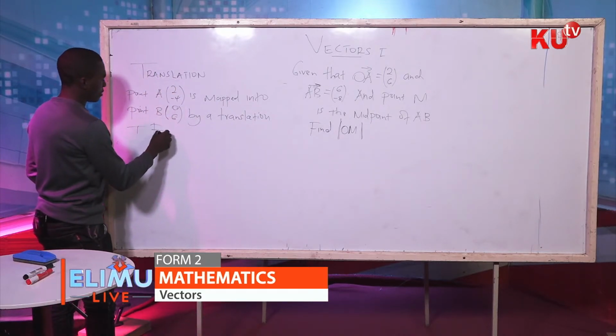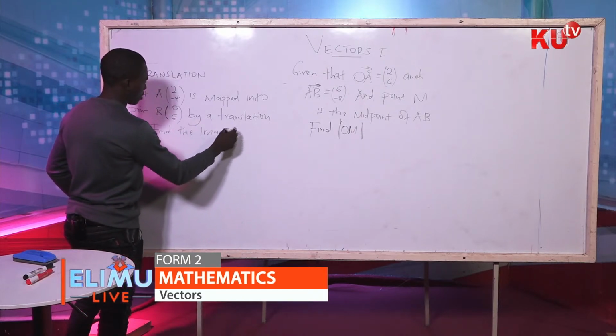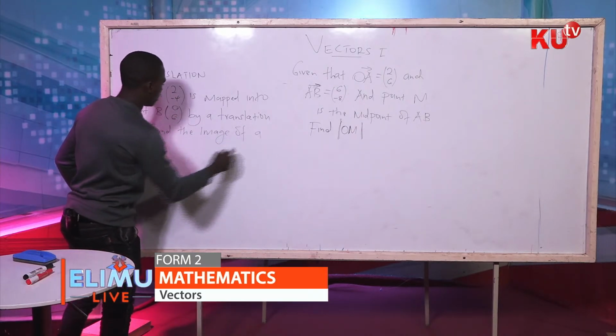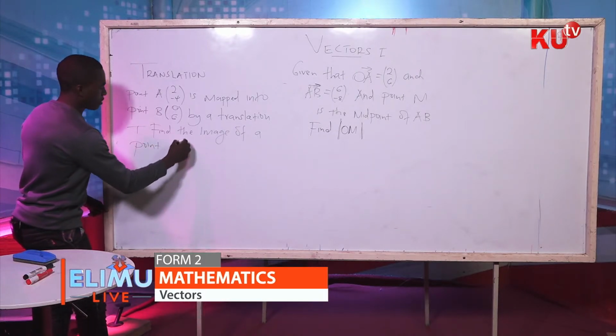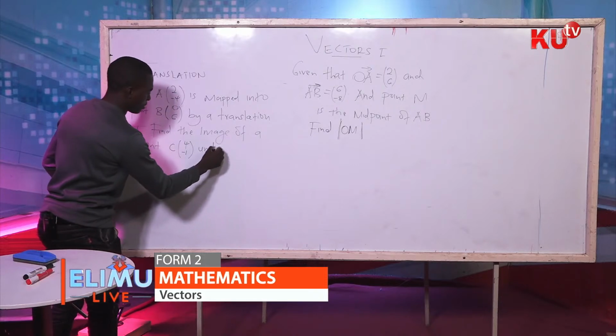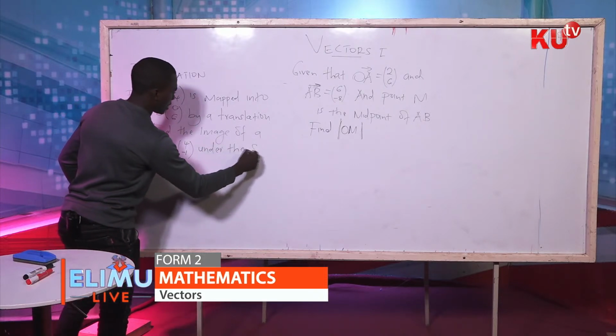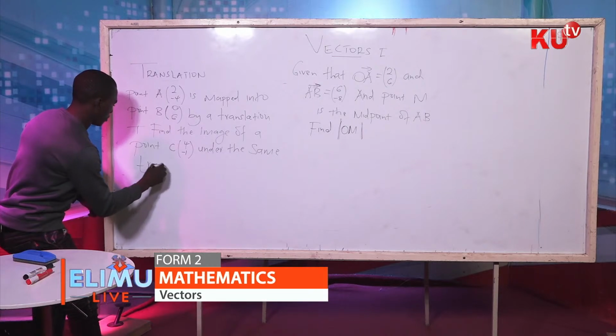Find the image of a point C with coordinates (4, -1) under the same translation.